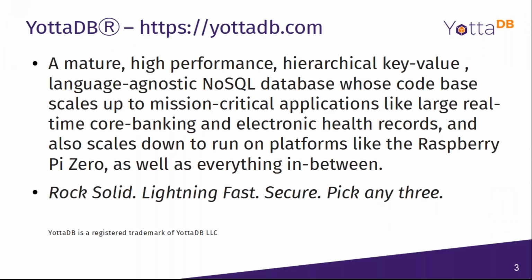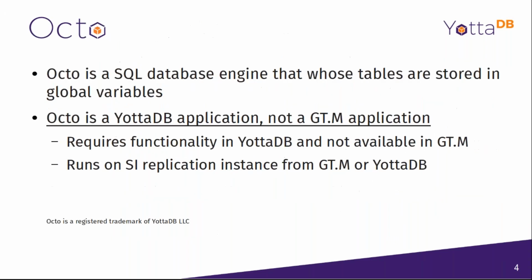I'm sure we don't need to tell many of the people on here about the AutoDB, so we'll just skip that. So Octo is an SQL database engine whose tables are stored in global variables. And as a point of fact, it was first developed for VistA, so when I look at some of the original design for Octo, it was reflecting many VistA concepts that are not necessarily true for other M applications.